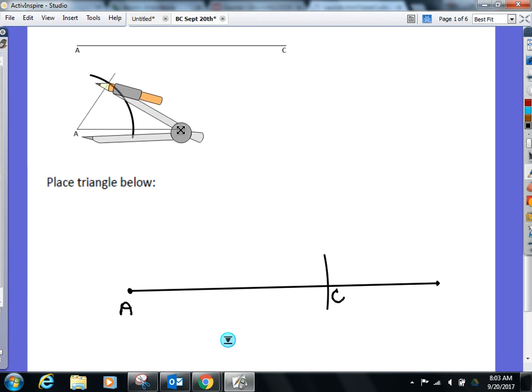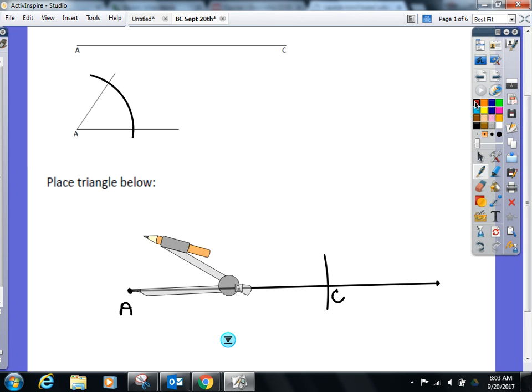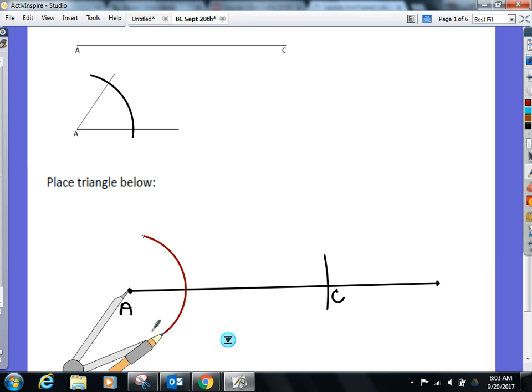Ready? Bring it down to your ray. And I'll do different colors here. Make that arc through your ray. And we go back up to the angle A I'm copying.